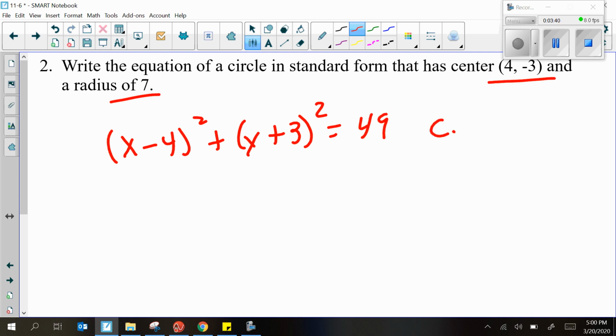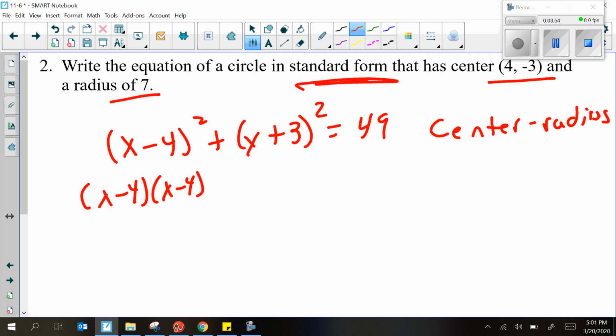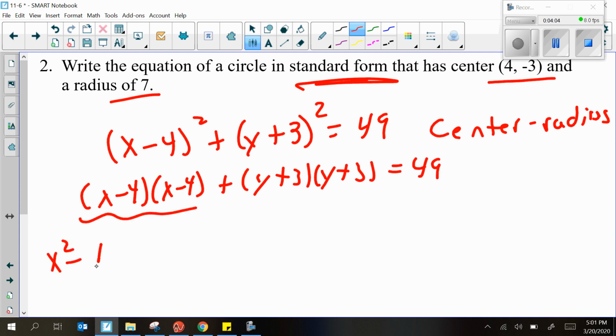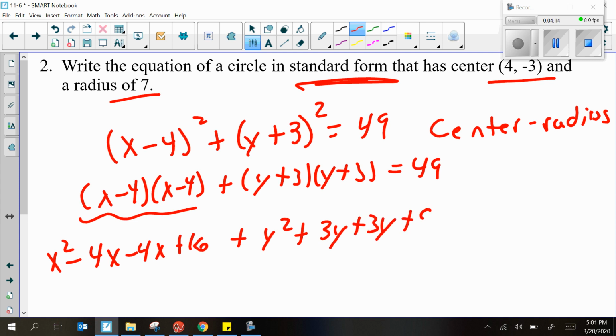So this is in center radius form. But they asked me to write it in standard, which means I'm supposed to FOIL all this out or multiply it out. So be careful. It's x minus 4 times x minus 4 plus y plus 3 times y plus 3 equals 49. So I'm going to multiply this out. X squared minus 4x minus 4x plus 16 plus y squared plus 3y plus 3y plus 9 equals 49.